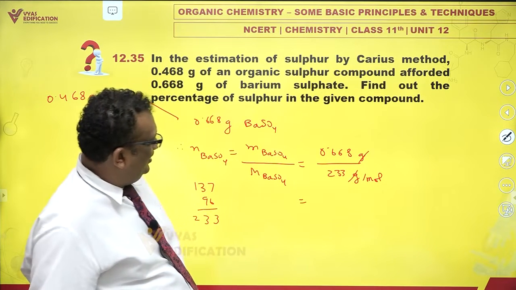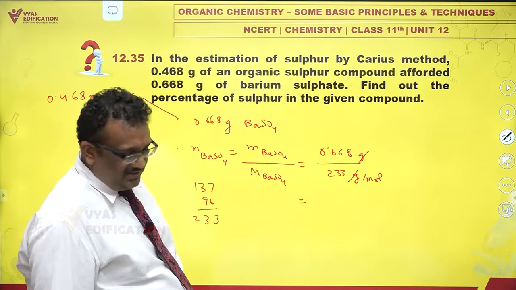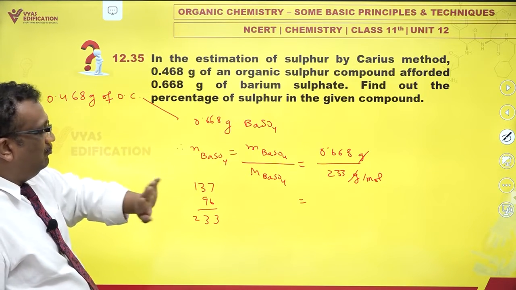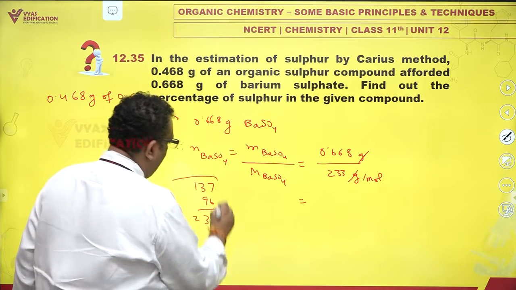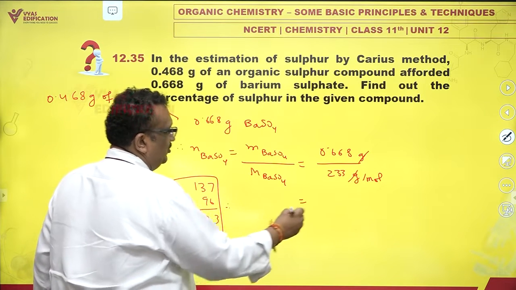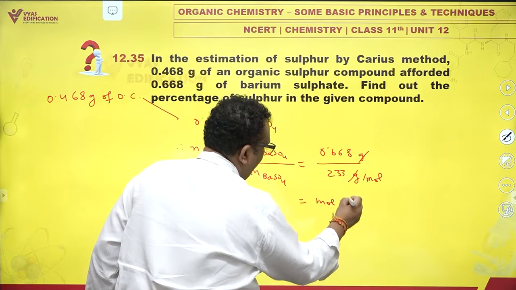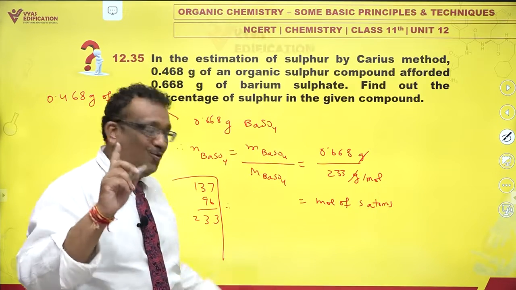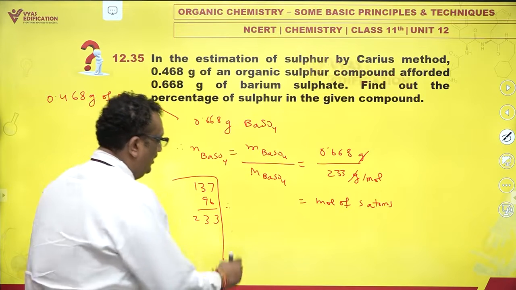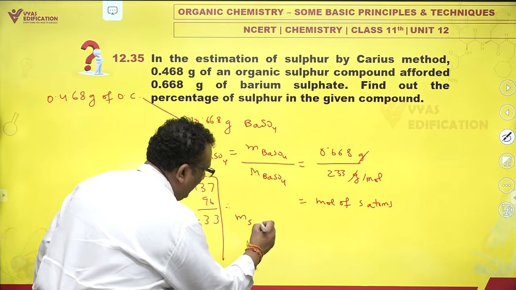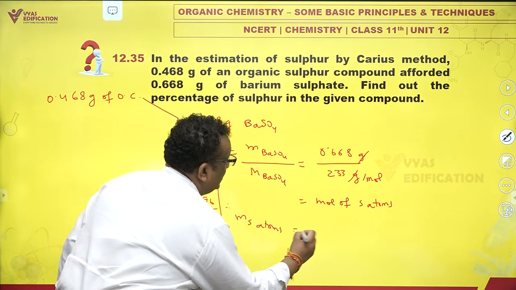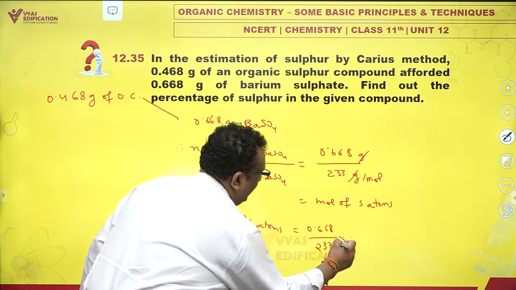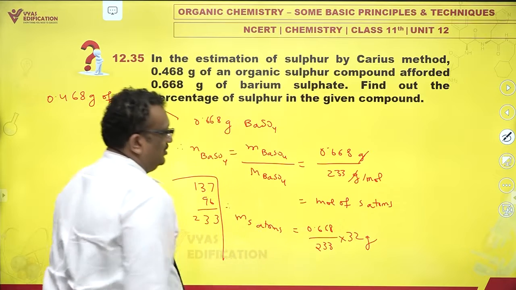How much is that? Ugly, whatever it is. I get some number. Fine. So many moles of barium sulfate. Therefore, this is equal to moles of sulfur atoms, because one barium sulfate contains only one sulfur atom. Therefore, mass of sulfur atoms is 0.668 upon 233 into 32 grams.